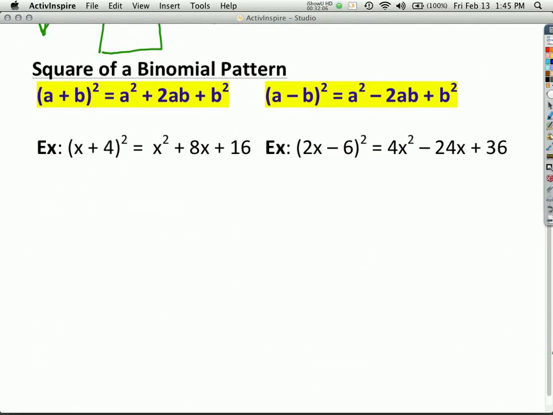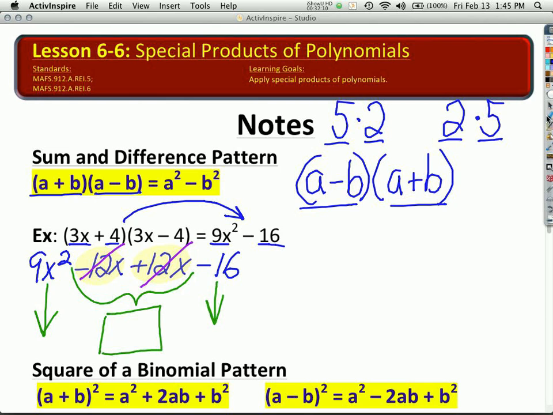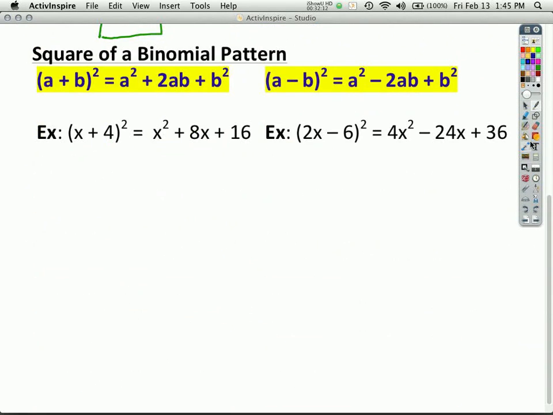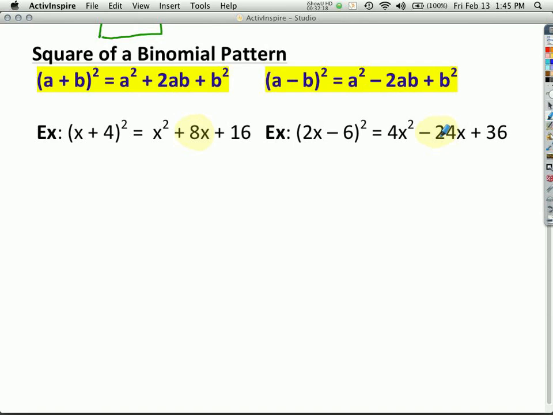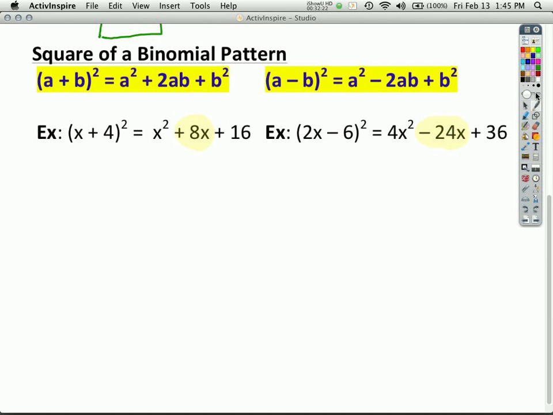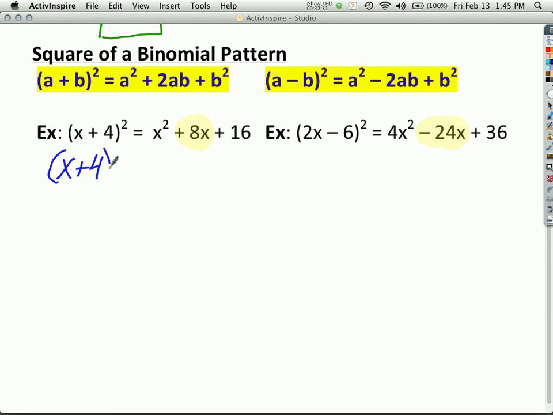So the difference is, and we discovered this, that now there is a middle term. Here it is. So a square of a binomial has a middle term. We already talked about why, and you analyzed it using your warm-up, but let's show it one more time. This really means x plus 4 times x plus 4.